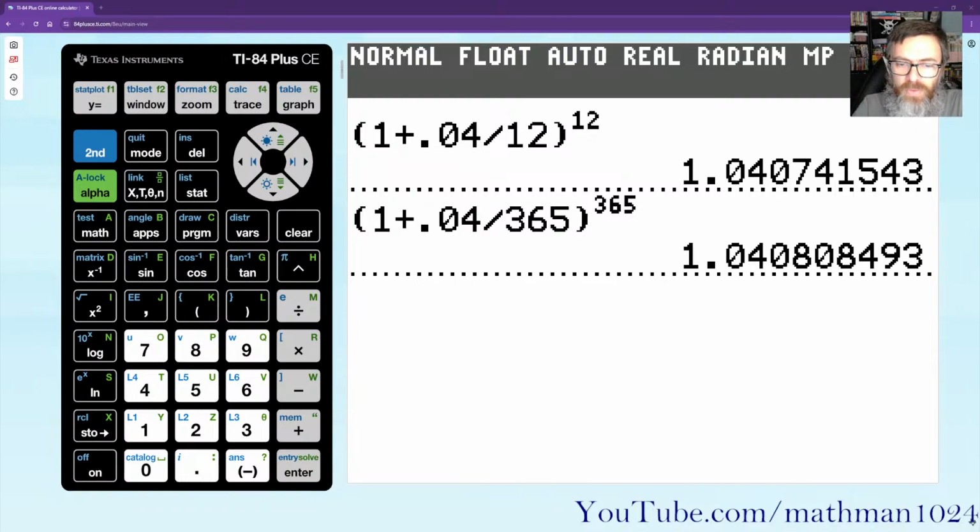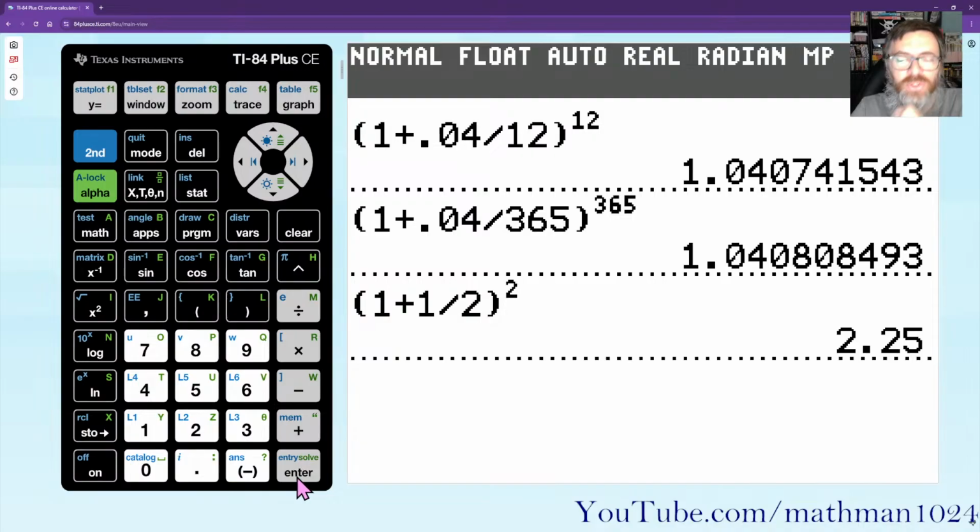So, let me do this. If we take 1 plus 1 divided by 2, so suppose that you only have 2 compoundings, you get 2.25. So you invested $1, you get 2.25. All right. What if I do this quarterly? So 1 plus 1 divided by 4, to the 4th power.